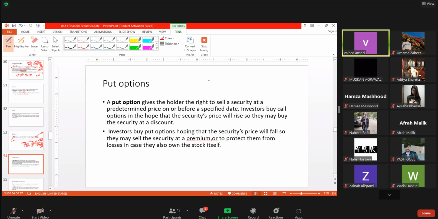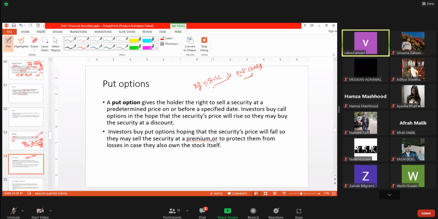For instance, somebody has bought a stock. So one can hedge. All the upside potential will be there, but if his stock price falls, one can buy a put, the right to sell. If it falls, it may be compensated by this insurance against the fall. That is why these are also used for hedging and for speculation in equities as well.